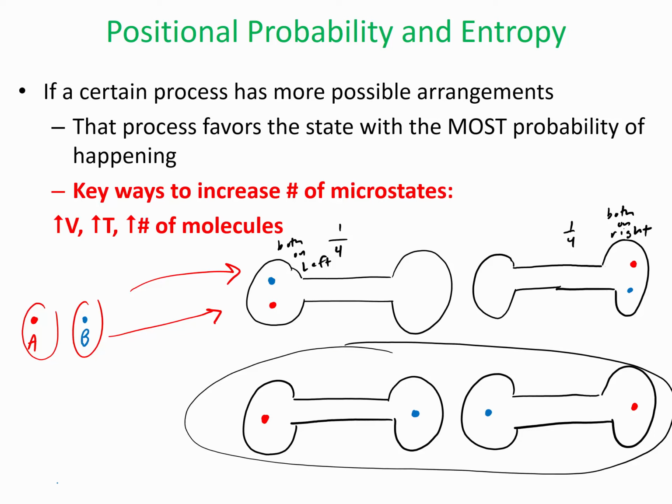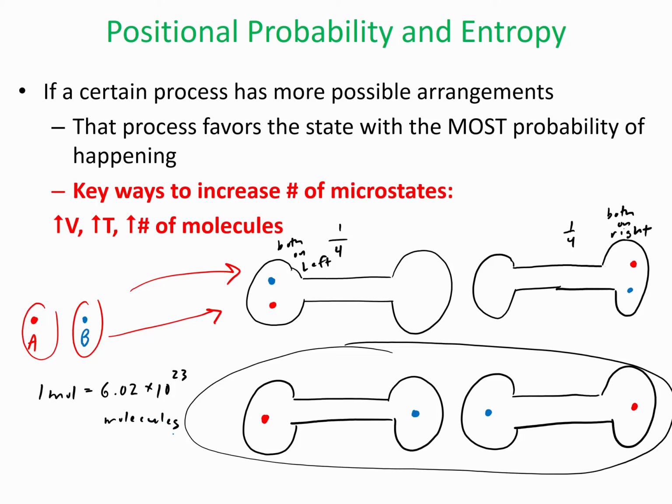This doesn't seem like that crazy of an idea until you get to Avogadro's number of molecules. What if instead of just two gas molecules you had a mole of gas molecules, 6.02 times 10 to the 23rd molecules?